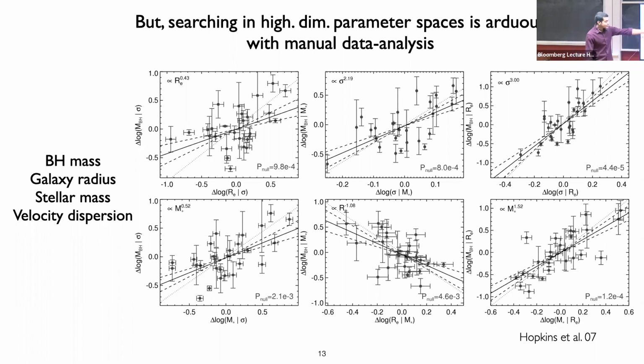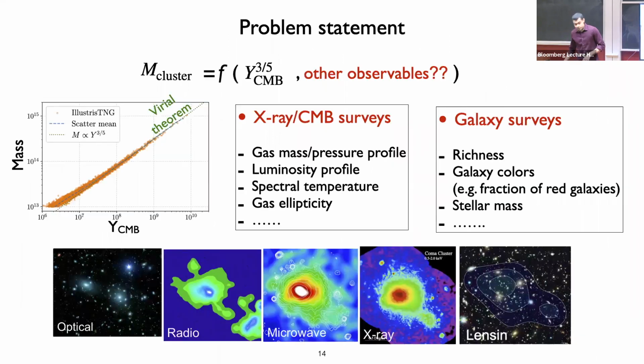You can look at these different 2D plots, but it gets arduous as you go to high dimensions with these manual techniques of looking at projections or looking at residuals of some relation. And this was also the case for our project.